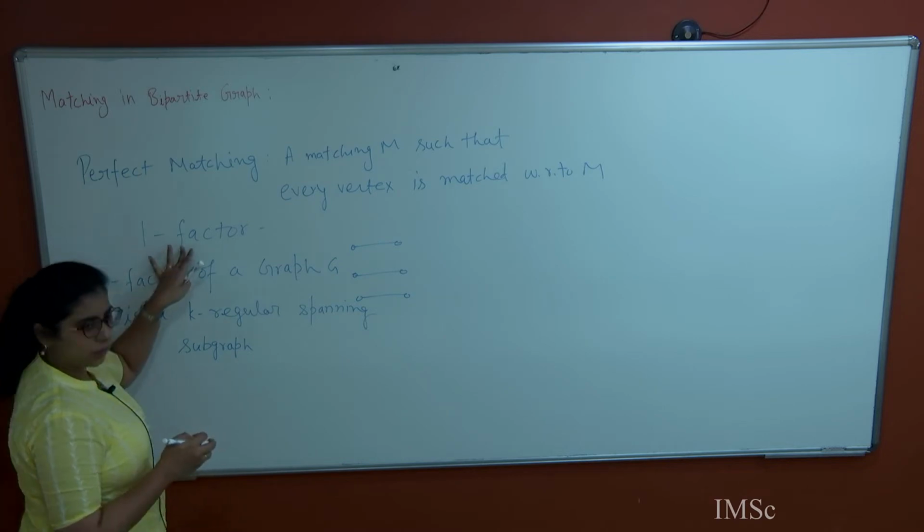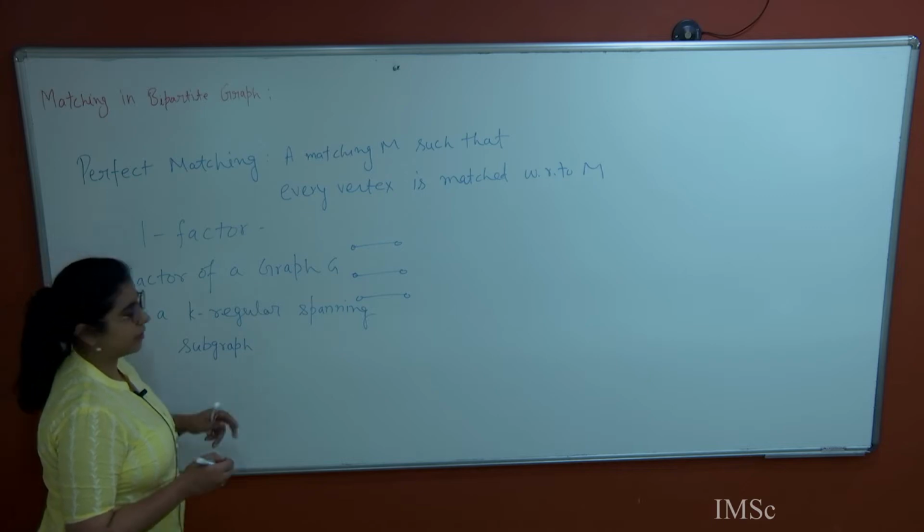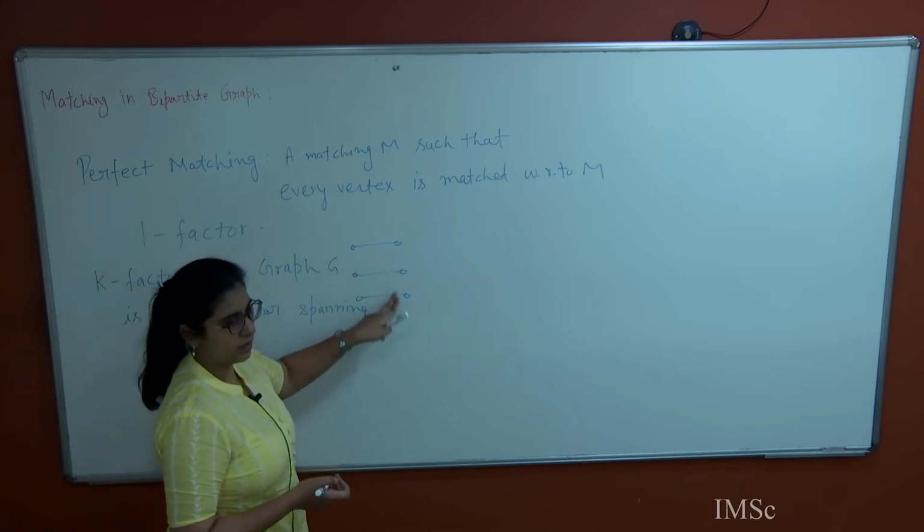So what is a one factor now? A one-regular spanning subgraph, right? So a one-regular spanning subgraph is a matching.